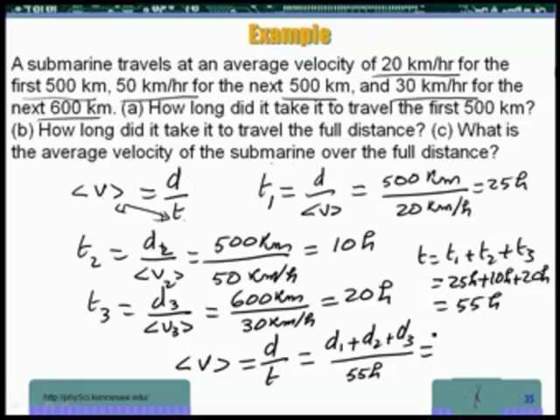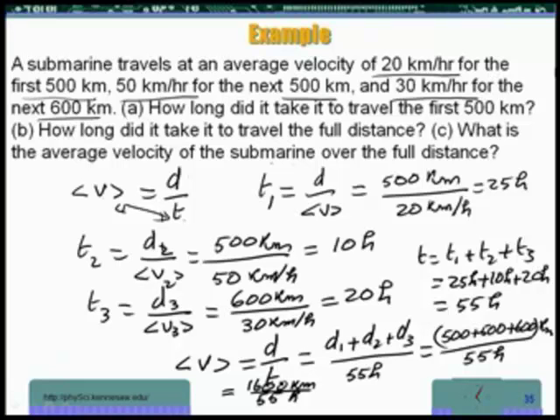Now the displacement is going to be 500 plus 500 plus 600 kilometers over 55 hours. In this case, that's going to be 1,600 kilometers over 55 hours. So that's my average velocity, 1,600 over 55.